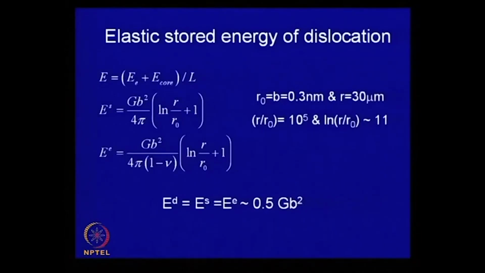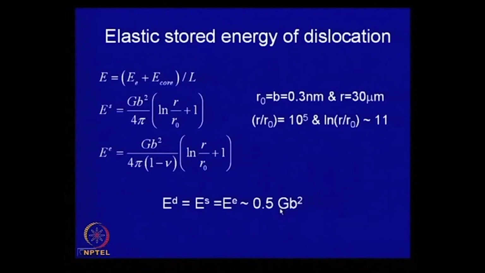And broadly, when we consider dislocation interactions, often we do not go through such rigorous calculation, we make approximations. Any dislocation will have part screw character, part edge character, and each will have a different level of energy. A good approximation, irrespective of the character of the dislocation, is that the energy per unit length of the dislocation is equal to 0.5 G b square.